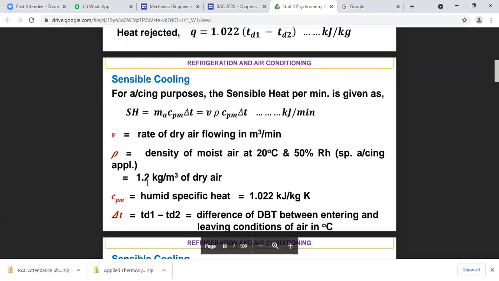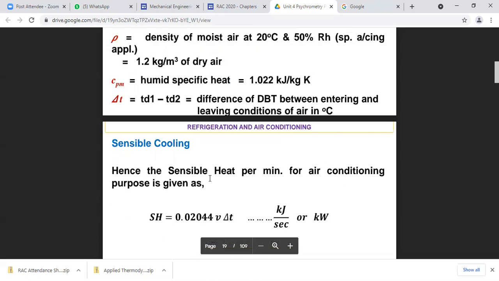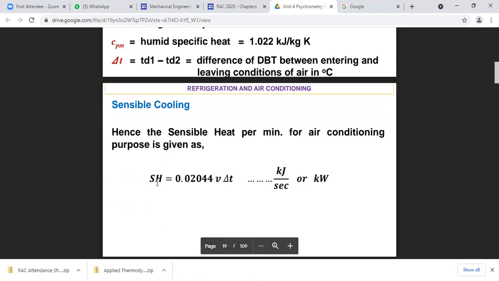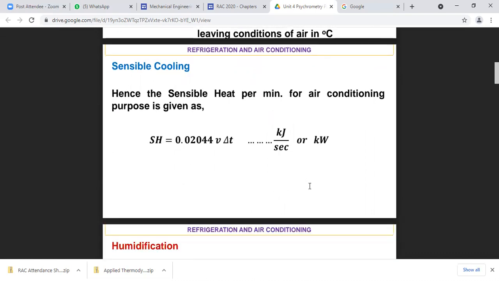That we can take as 1.2 kg per meter cube of dry air, and C_pm, as we have discussed, is 1.022 kilojoule per kg Kelvin, and delta T is TD1 minus TD2. So in sensible cooling, the sensible heat is 0.02044 V into delta T, in kilojoule per second, or we can say kilowatt.